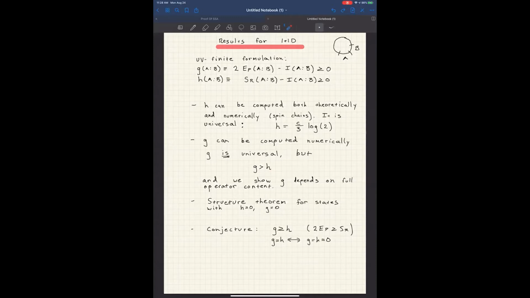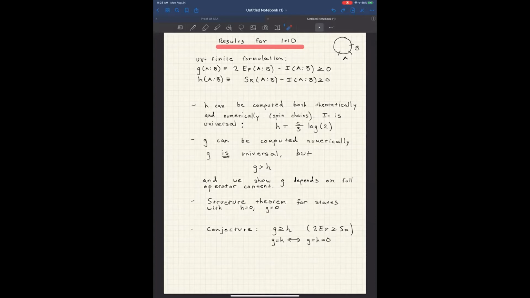And furthermore, it seems that G doesn't depend just on the central charge, but we'll show that it depends on the full operator content. So you can find two CFTs with the same central charge, but they nevertheless have different G or EP. And I probably won't have time to get to it, but we've also been thinking about structure theorems, categorizing the special nature of the states where H is equal to 0 or G is equal to 0.